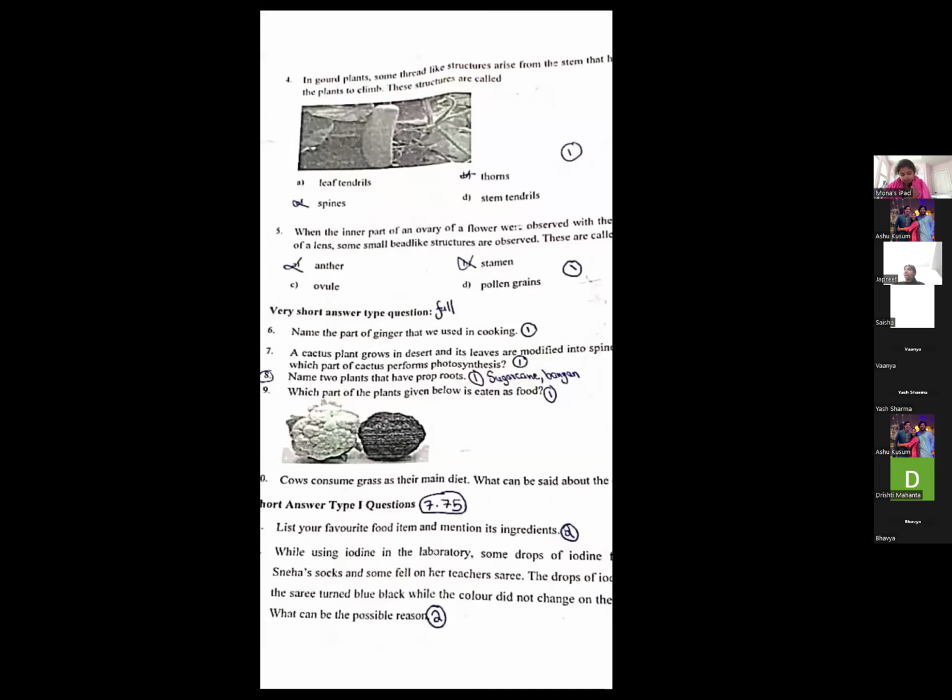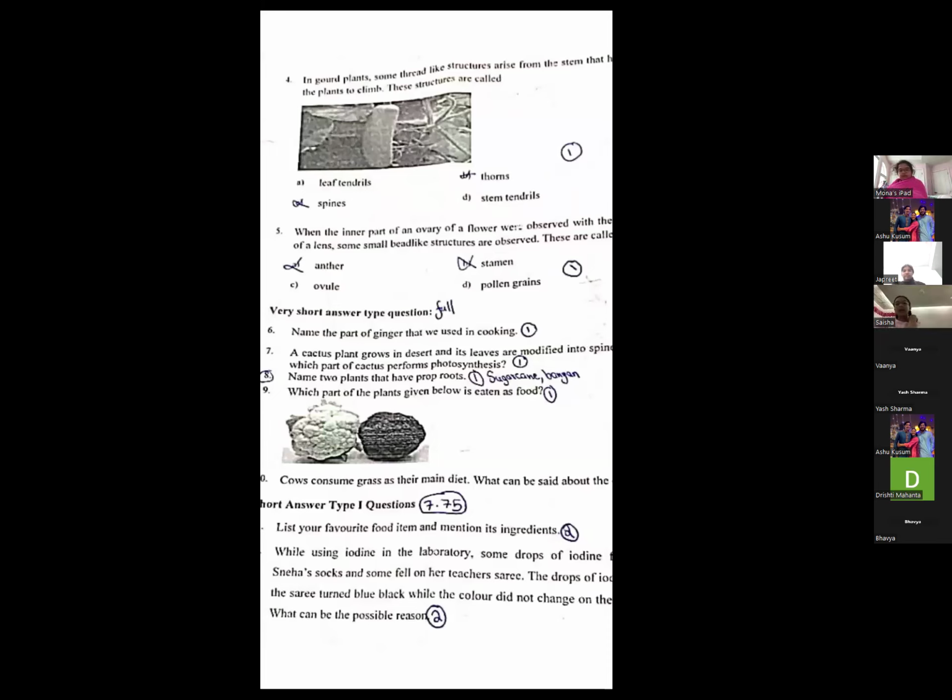We use this stuff inside ginger, not the skin, but the yellow stuff inside. That is true. But what is it exactly? Which part of the plant? Stem, right? Yes, it's the underground stem we use in cooking.